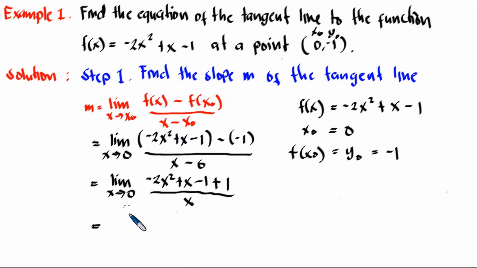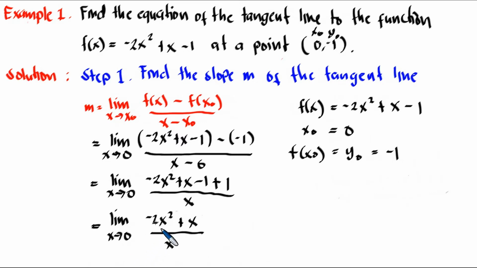Then simplifying further, we get the limit of negative 2x squared plus x, since negative 1 plus 1 is just equal to 0, all over x as x approaches 0.